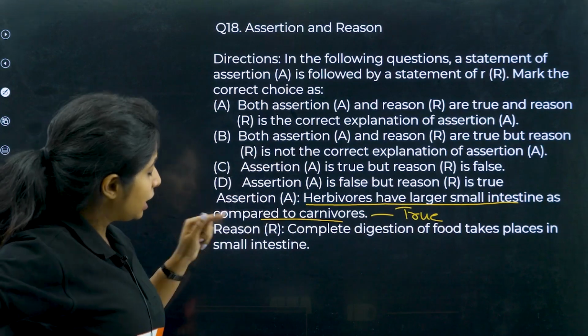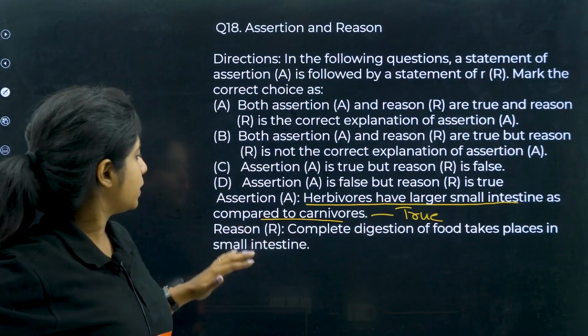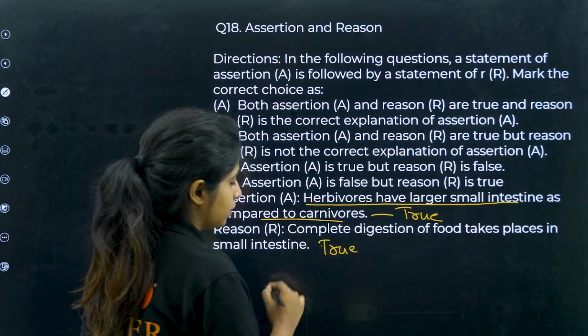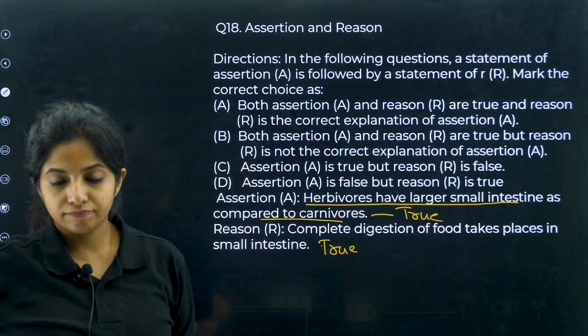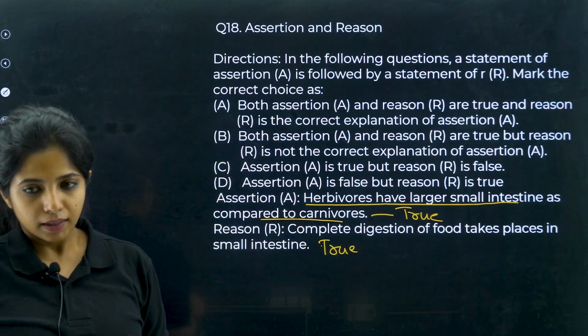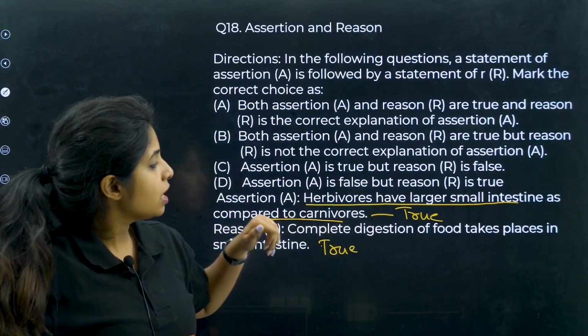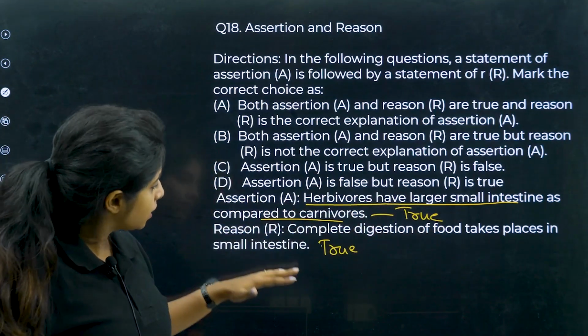Now the reason says complete digestion of food takes place in the small intestine. The reason is also true. Is this explaining the assertion? We can say it is explaining. Yes, herbivores have a larger small intestine as compared to carnivores because complete digestion of food takes place in the small intestine.